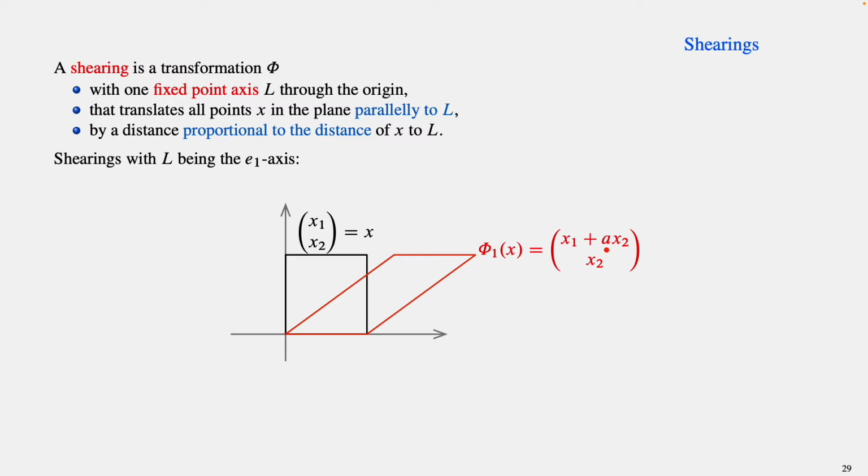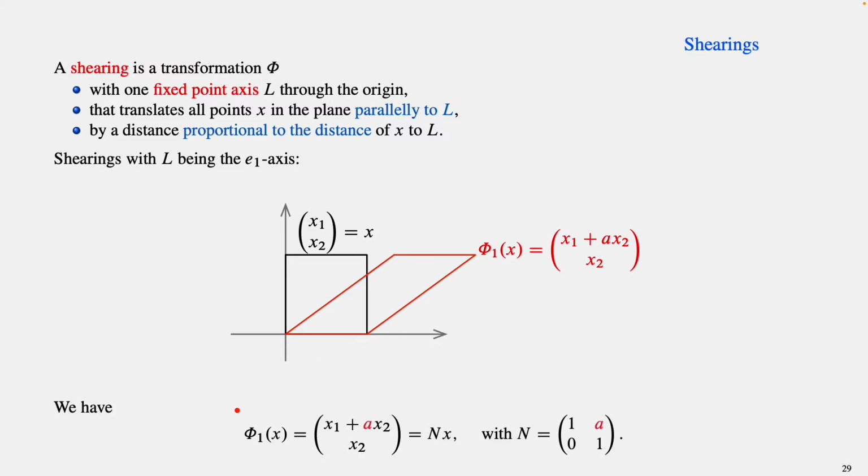Here we have a proportionality factor a that tells you how far you translate. And also, the further away you are from the E1 axis, the larger the distance that you get translated. So that's why this square here is transformed into this skewed parallelogram.